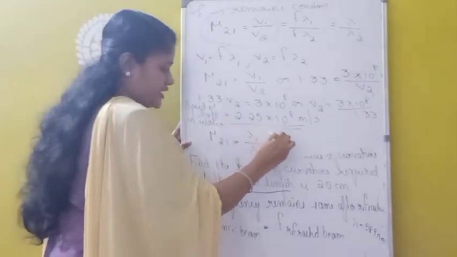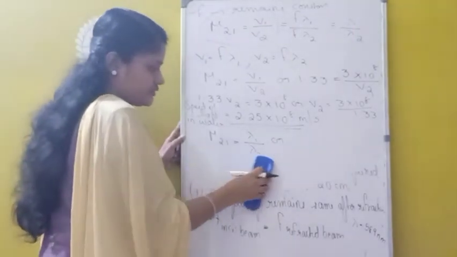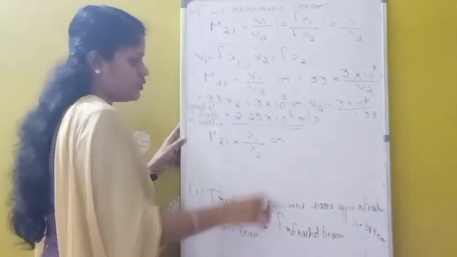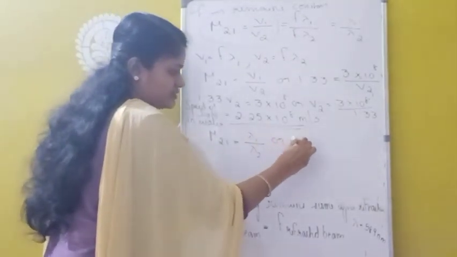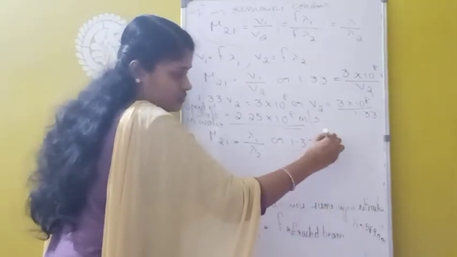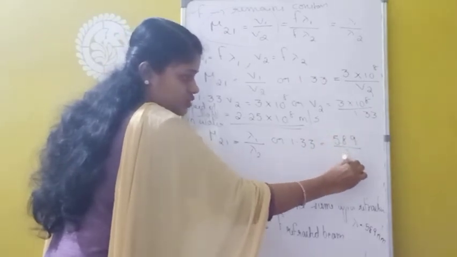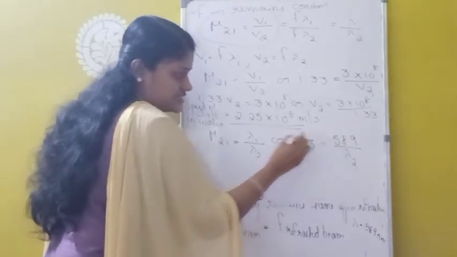The value for mu is given as 1.33. So 1.33 equals lambda 1, the wavelength given as 589, divided by lambda 2, which we don't know, the wavelength in the second medium, water.